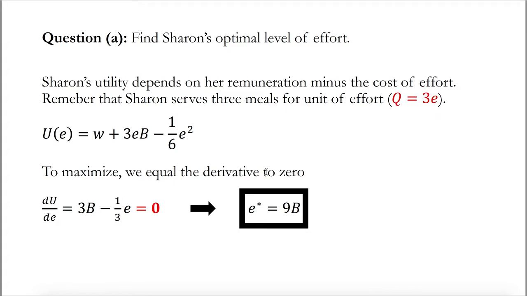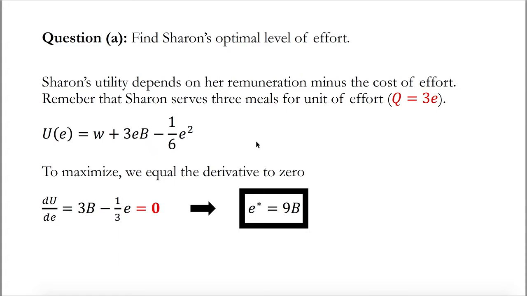So the utility of Sharon is a function of effort, as you can see here, and it's the fixed wage that she gets every month, W, plus 3E times b. 3E is the quantity she can produce, so this is Q, 3 times E. You should think of this as Q times the bonus, minus 1 over 6 E squared. That is exactly the cost that Sharon has to put into her job.